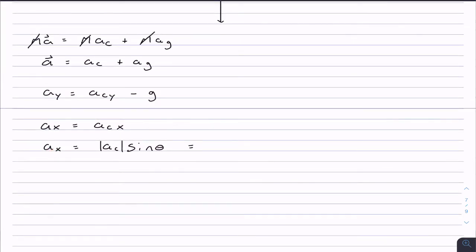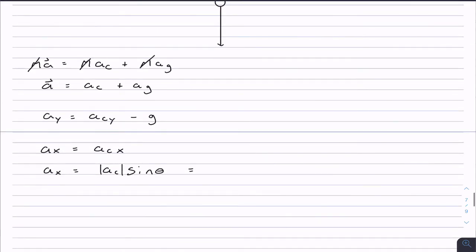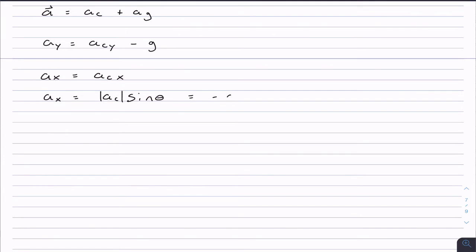We're also told that the acceleration vector in the x hat direction is negative 8.5. So now we can solve for a_c, which is equal to negative 8.5 over sine 24.7.